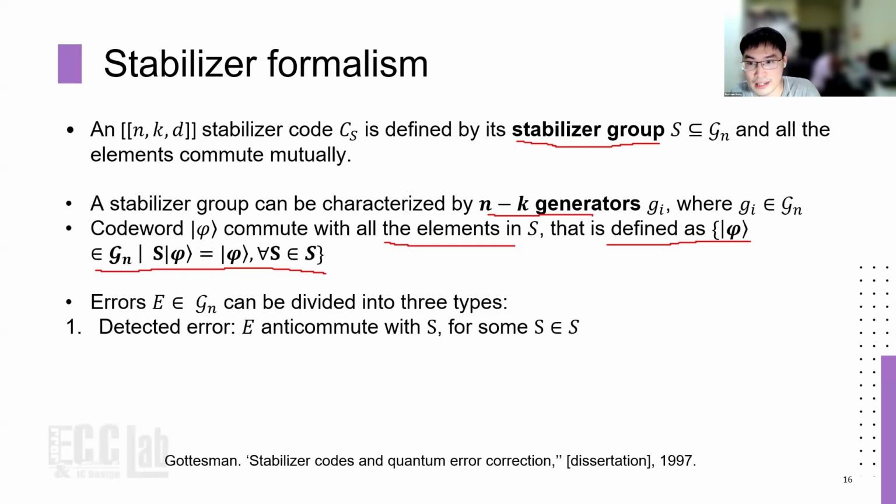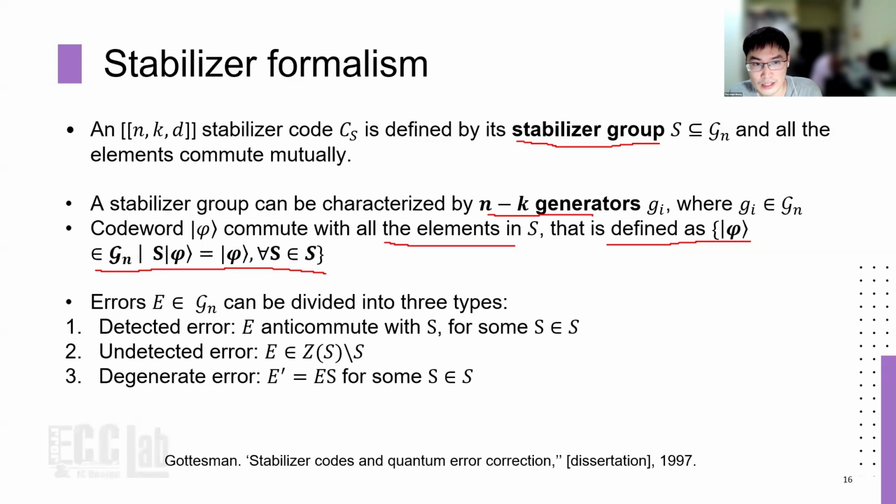So then we can observe the syndrome, then we know where the error is. Then second, error that belongs to the centralizer of S, but not in S, we call the undetected error. That's because these kinds of error cause the original code to move to another code. So the syndrome will still be 0, and we cannot detect it.